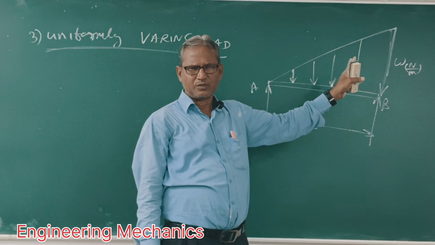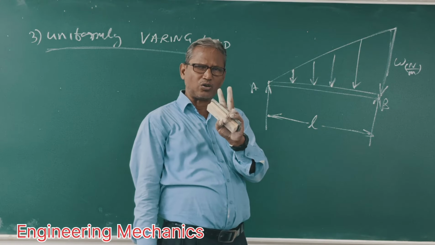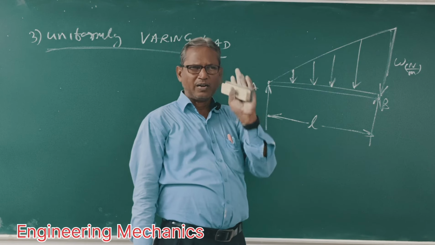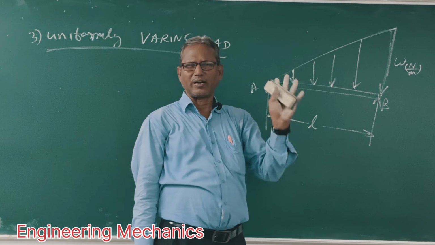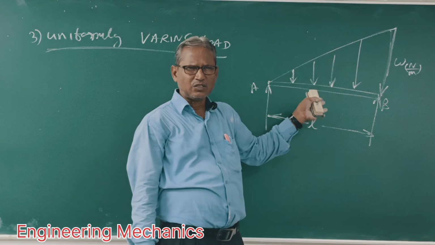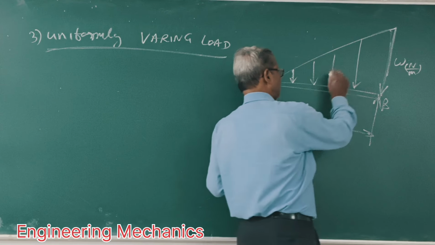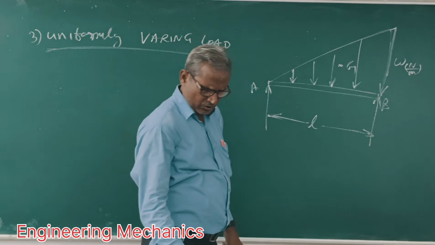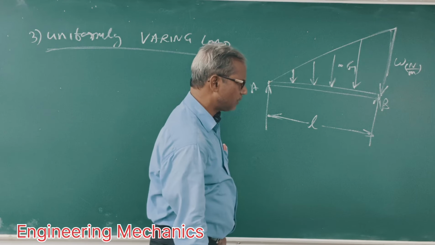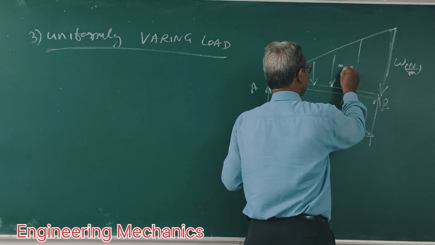We know the load diagram. The area of the figure is equal to total load, and total load is acting at the CG of the load diagram. This is a triangle. Suppose this is your G point, the CG of the triangle. So in this case, load W is acting here.